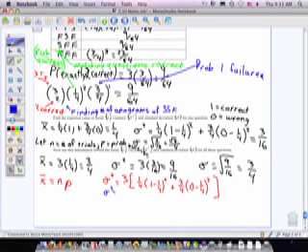Alright, so let's replace it. Jackson, what did the 3 represent? Right, the number of questions, so our n. And the 1/4, what was the 1/4? Probability. Yeah, right, the probability of getting one right. So p, and 1 minus p squared.